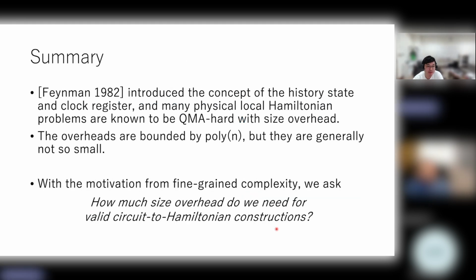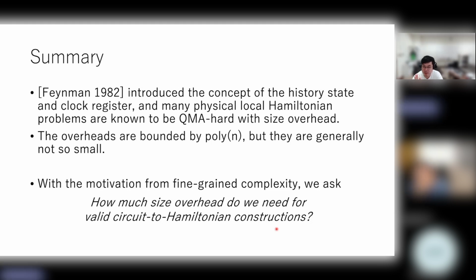Okay, so let me summarize my talk. Originally, Richard Feynman introduced the concept of the history state and clock register, and many even physical local Hamiltonians are known to be QMA-hard. Most of them involve a large history state size.